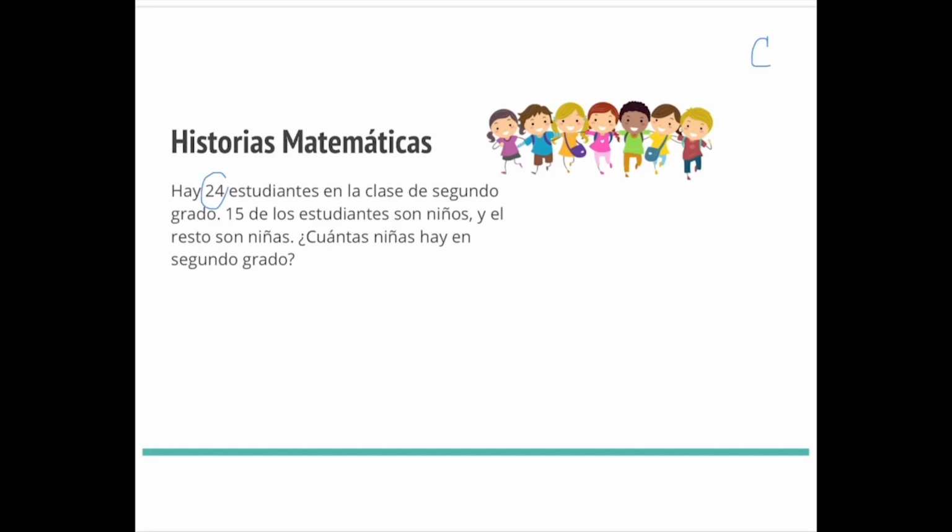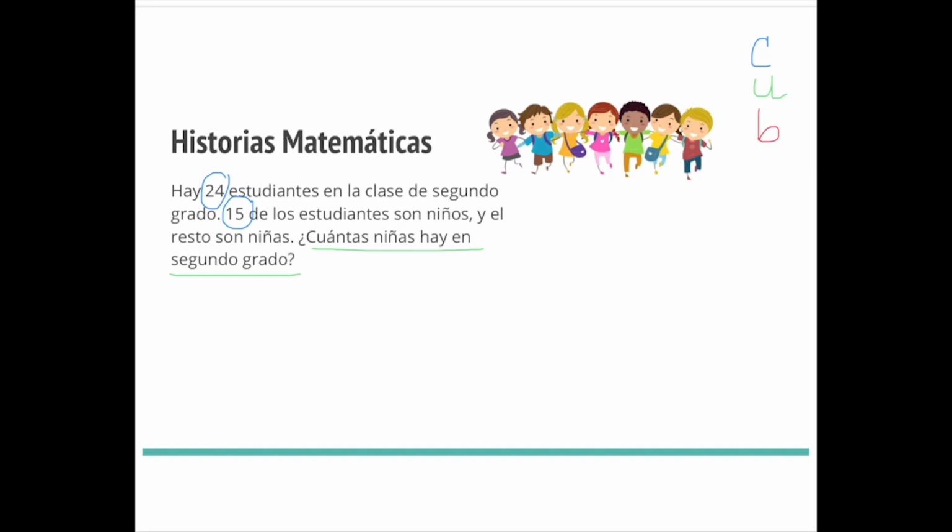C, voy a circular los números 24 y 15. U, voy a subrayar la pregunta. ¿Cuántas niñas hay en segundo grado? B, voy a hacer una caja a la palabra importante.